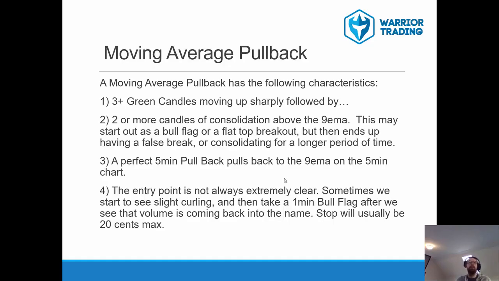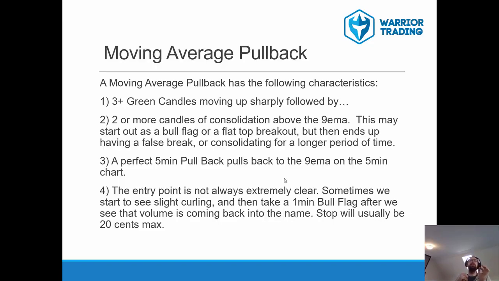Again, 1, 2, 3 candles of sharp upward momentum, followed by 2 or more candles of consolidation above the 9 moving average. And this may start out, as I said, as a bull flag or a flat top breakout, but then ends up having a false break or just simply not resolving and taking longer to consolidate. A perfect 5-minute pullback pulls back to the 9 EMA on the 5-minute chart.